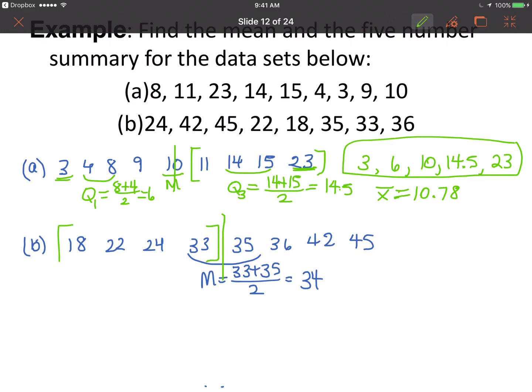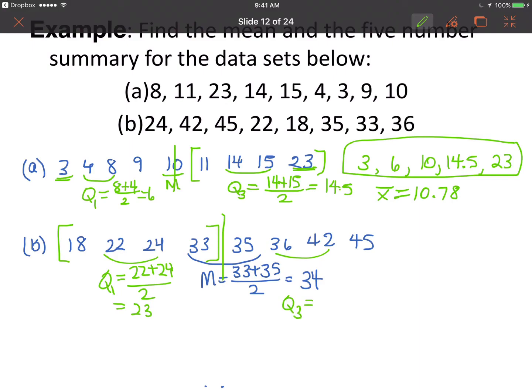And now there are 4 numbers to the left. 22 and 24 are in the middle. So Q1 is 22 plus 24 divided by 2, which is 23. Q3 we're going to get by taking 36 plus 42 and dividing by 2.